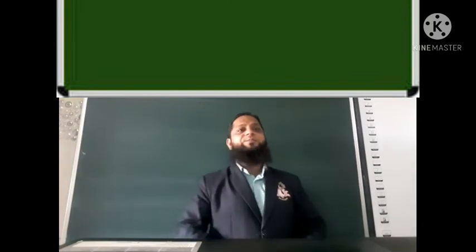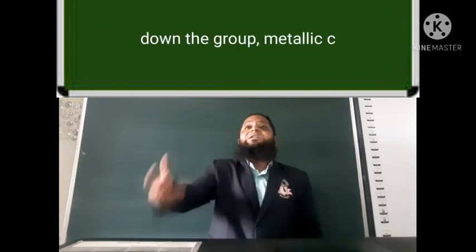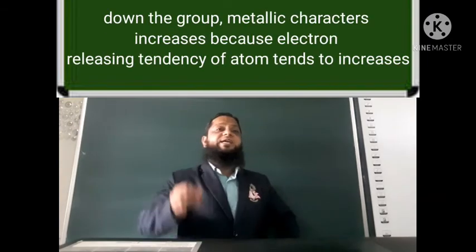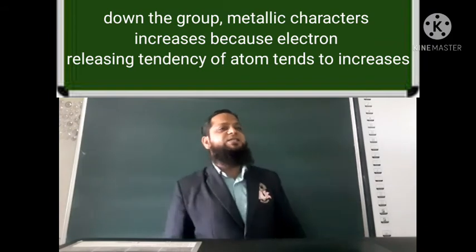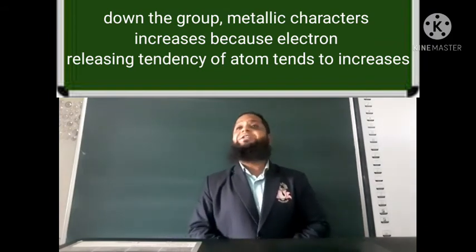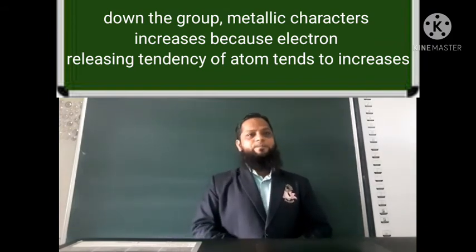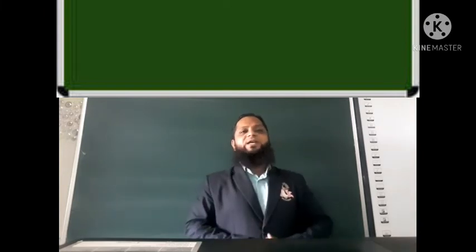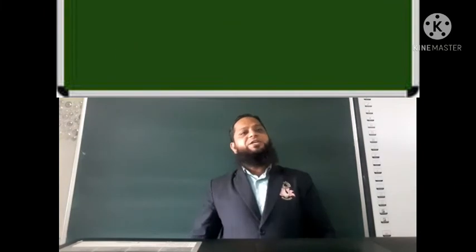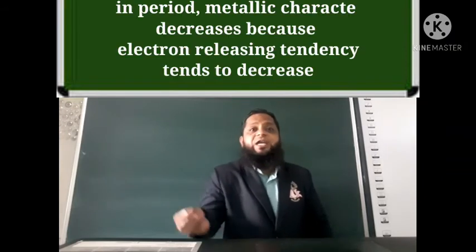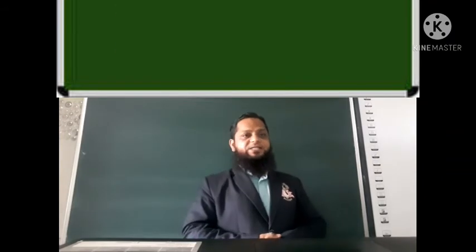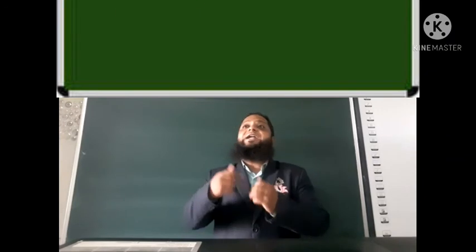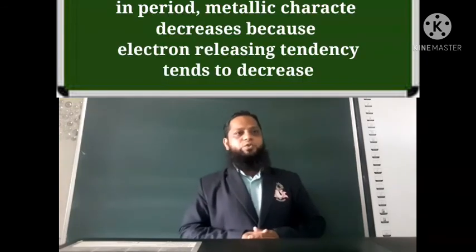Down the group, the metallic character increases because the electron releasing tendency of the atoms tends to increase. Along a period, the metallic character decreases because the electron releasing tendency of the atoms tends to decrease.